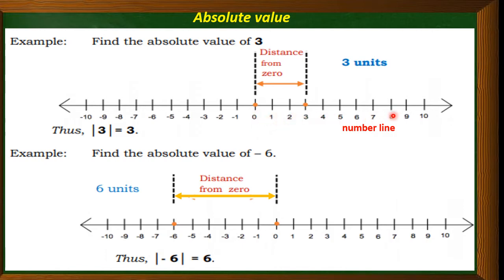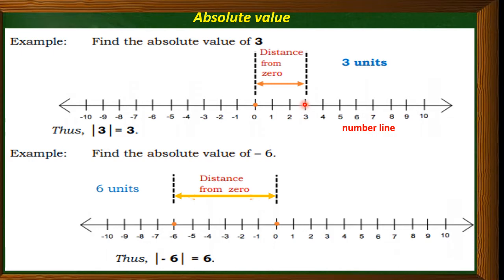Going to the right are positive numbers, and going to the left are negative numbers or the negative integers. To illustrate the absolute value of 3, we have to start from 0. And since we are asked to find the absolute value of 3, we move 3 units to the right and stop here at positive 3.